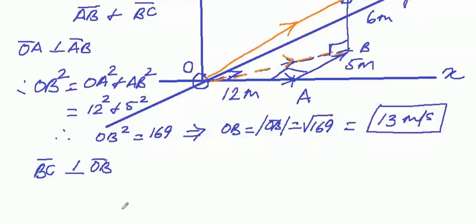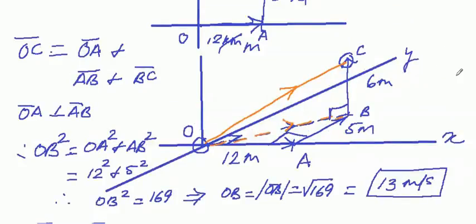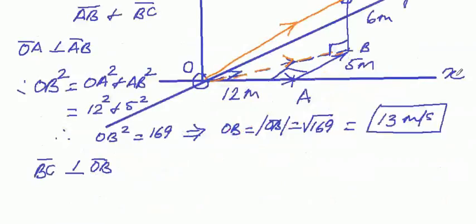Now in this triangle OBC, OC is the hypotenuse, so OC square is equal to OB square plus BC square.